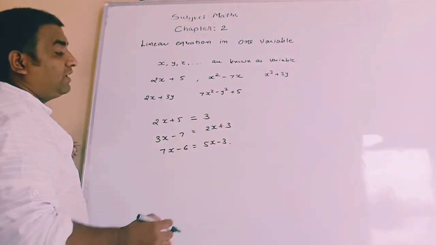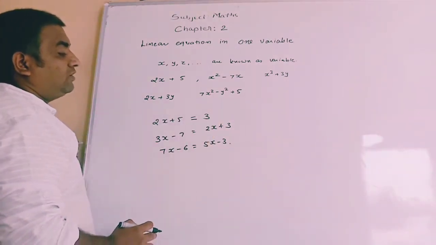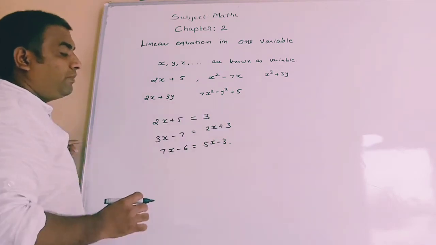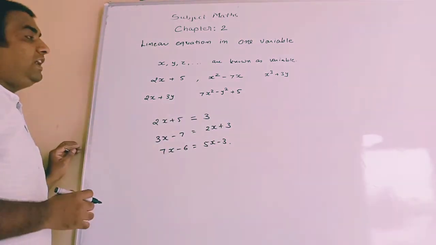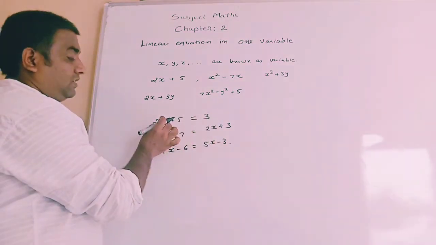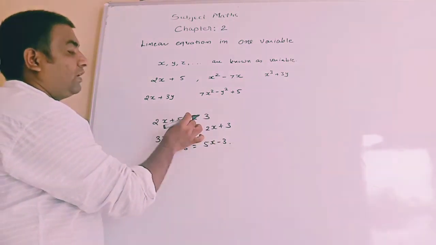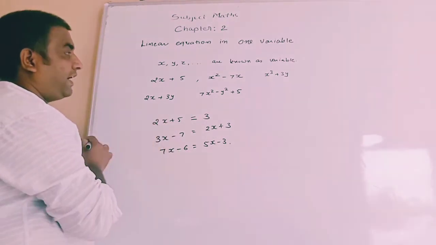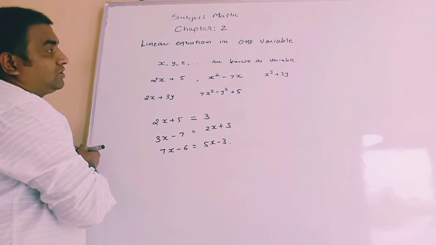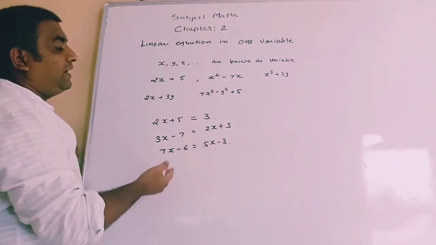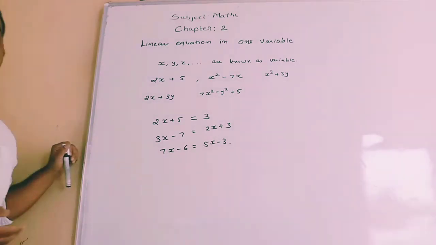In this way, when we compare one algebraic expression with a number or another expression with an equals to sign, then it is called an equation. Here x is the variable, 2, 5 and 3 are the constants, 2 is the coefficient of x. So today we will study the linear equation in one variable and its solution.